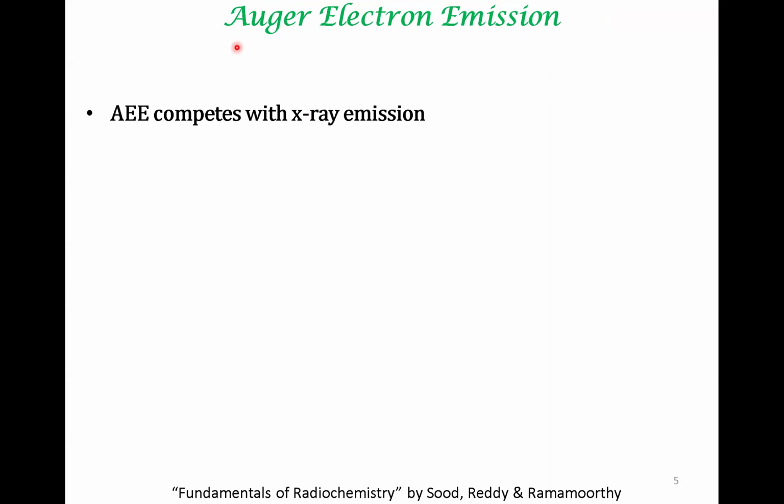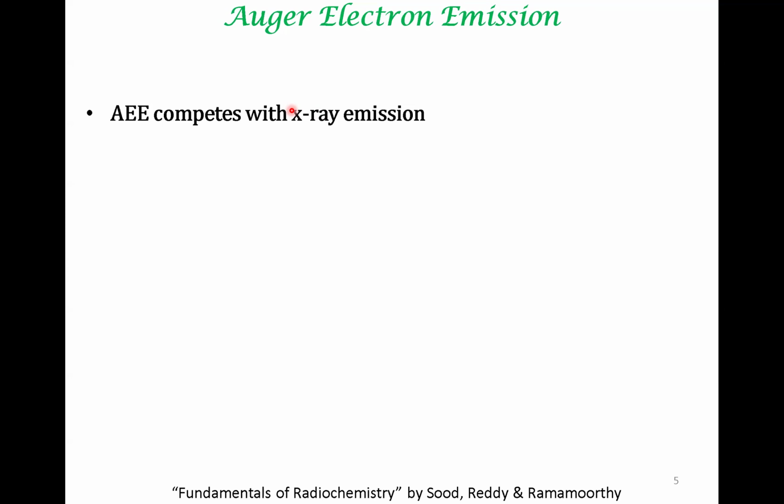So we won't go into this, but typically, Auger electron means there is a vacancy of an electron from one of the shells. And that vacancy is typically generated when the atom is exposed to X-rays.